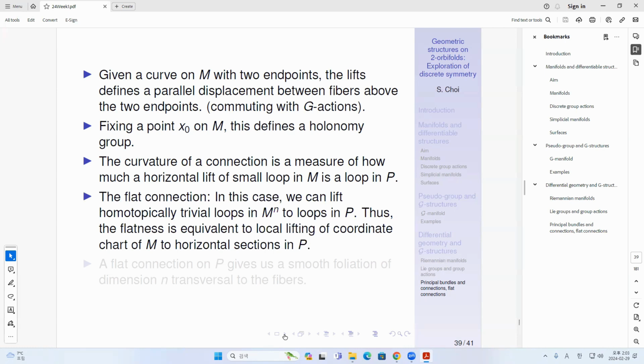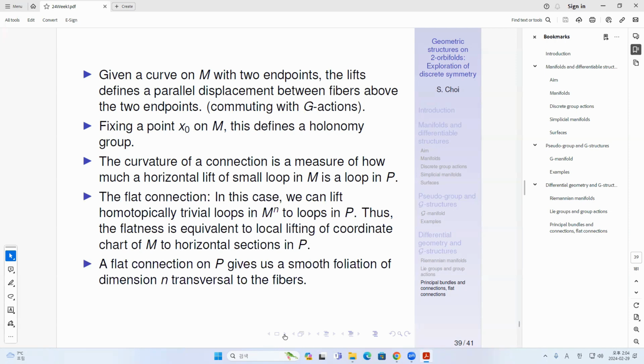So holonomy is always trivial for locally small loops or homotopically trivial loops; it always comes back to the same point, so it lifts to a horizontal loop. It's like the covering is a flat bundle in this sense, for discrete groups, when it's a normal covering.